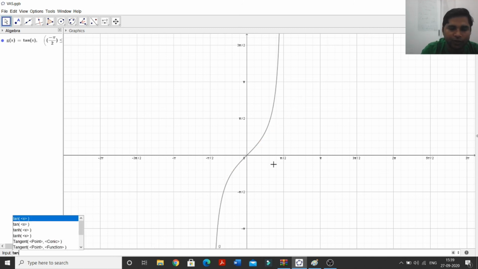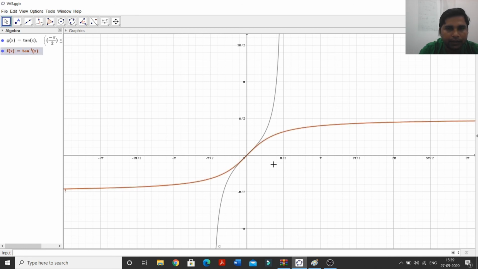I'll sketch the graph and show it to you. So tan inverse x. As you can see here, the domain is all real numbers, but the range is between minus pi over 2 to pi over 2. Okay, and they are symmetrical about the line y is equal to x.